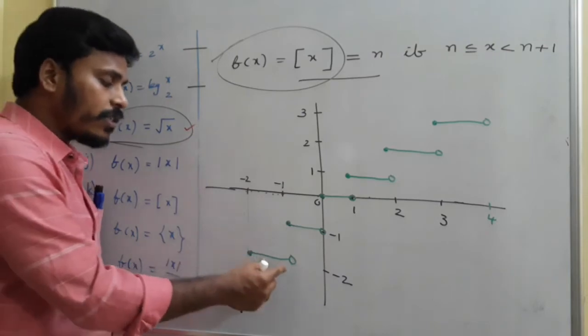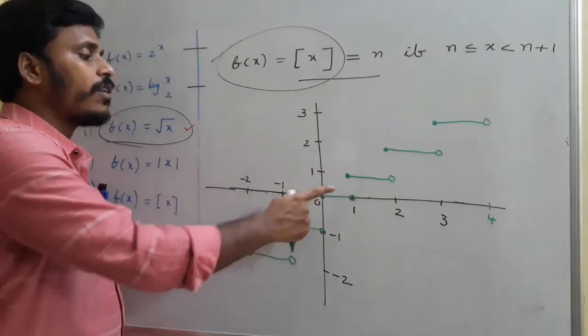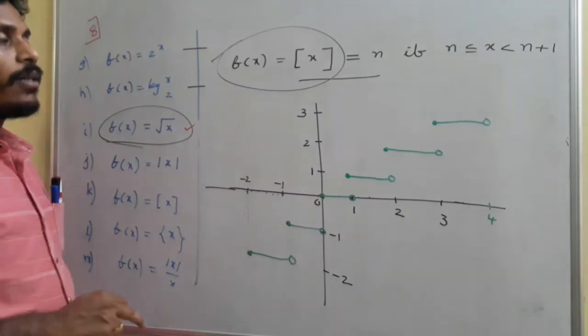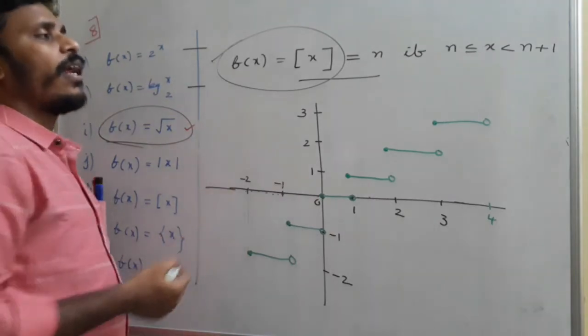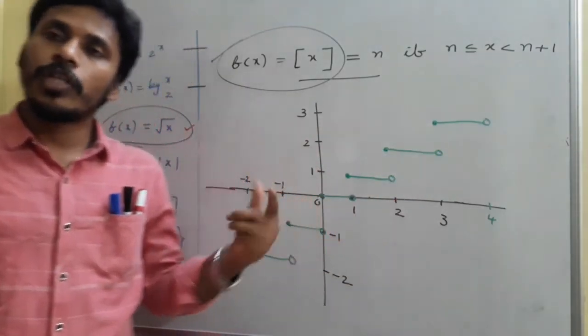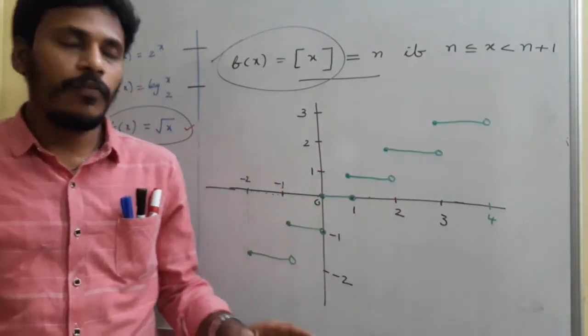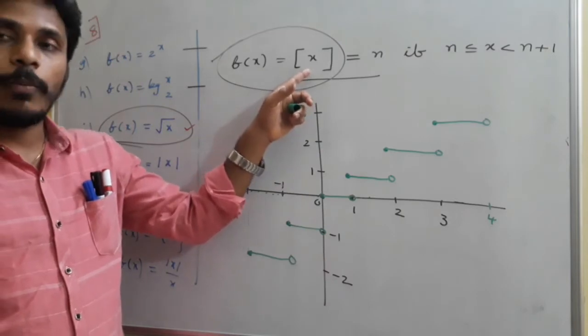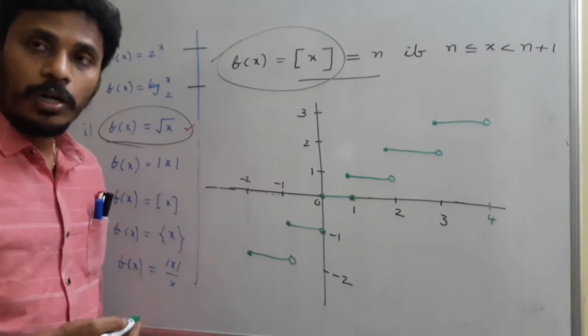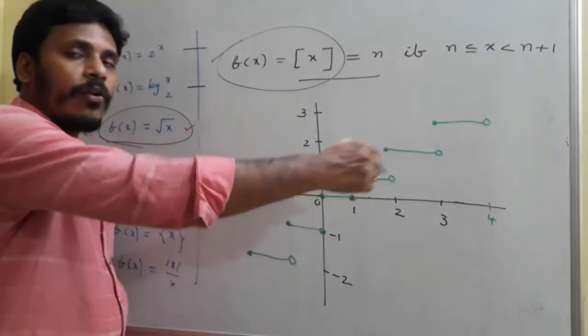The graph is the green colored part, which is just like steps. And that's why we call it the step function. We also call it the greatest integer function by this particular definition. This is the step function or greatest integer function denoted by these square brackets of x. This is the graph, and as I mentioned, the domain is all real numbers.